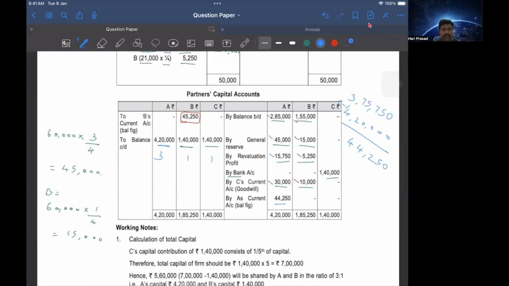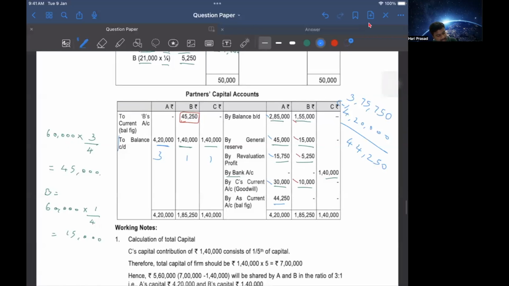In this capital account, this balance carried forward is not the balancing figure. We have found this by using the profit sharing ratio. What is the balancing figure? This amount, this amount. That's the end of the sum. We can meet in the next video.